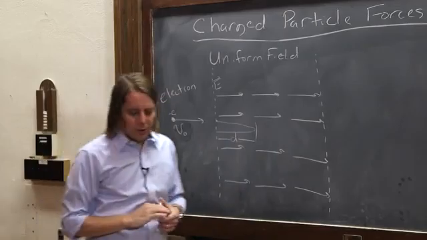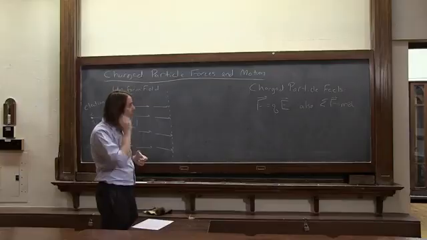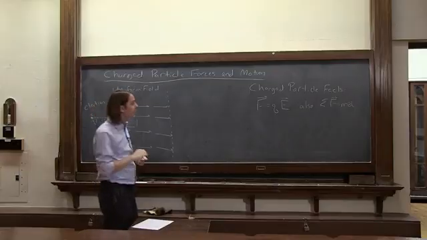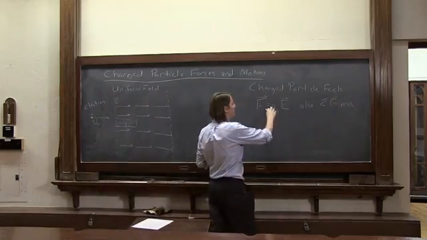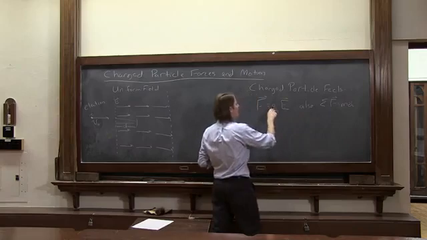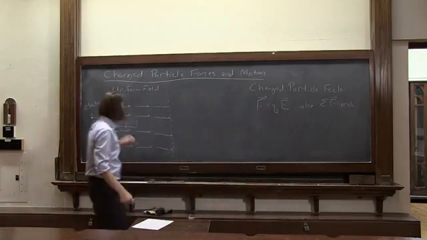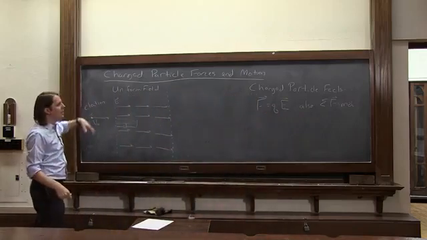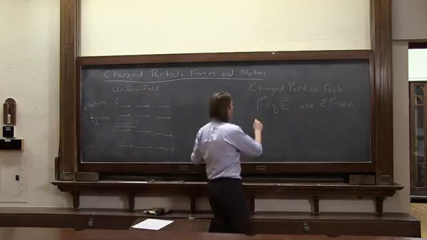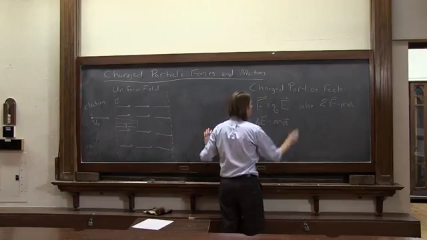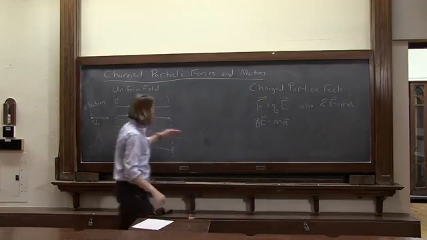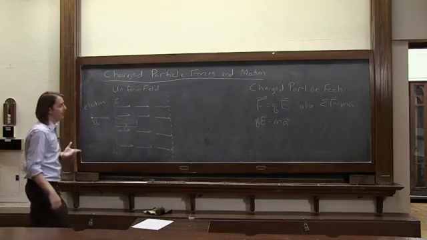What we want to do is apply 1D kinematics to this problem. First thing you often do is combine these two equations. The sum of the forces is ma, but the only force is QE. We're not worrying about gravity at all, so the sum of the forces is QE equals ma. We're doing a one-dimensional problem, so we don't care about the vector aspect.